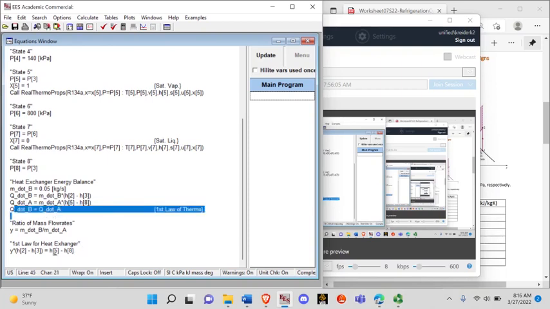So if you see here, we had the same equation, except we just divided by m dot a for this first law of thermo. So we have only one unknown, which is this y value.